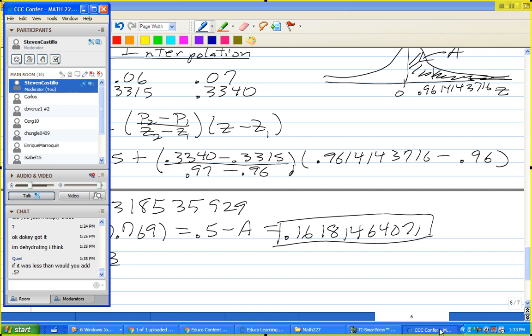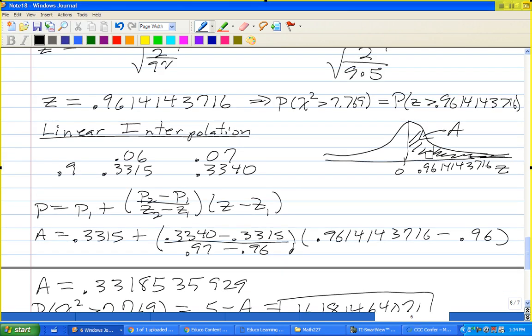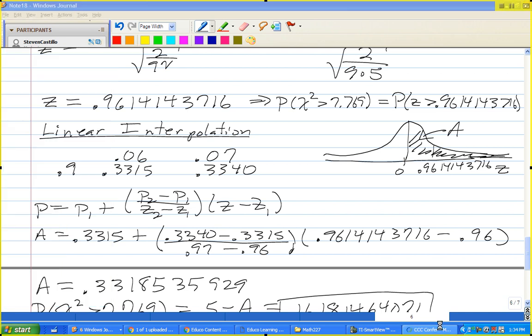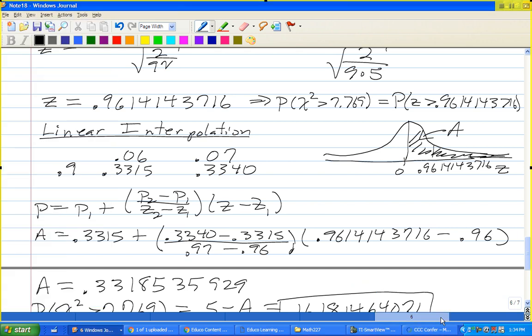No, because if you look here, it's positive, right? You're saying if it's less than. Yes, I'm sorry, if you said less than, yes, you're correct. If it's less than, you would add 0.5.